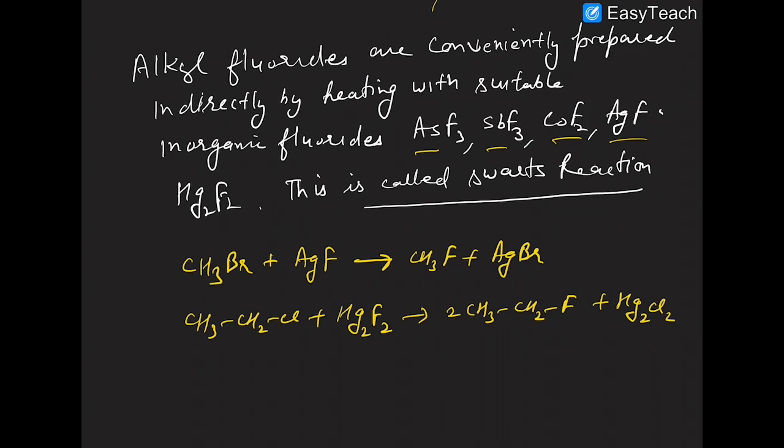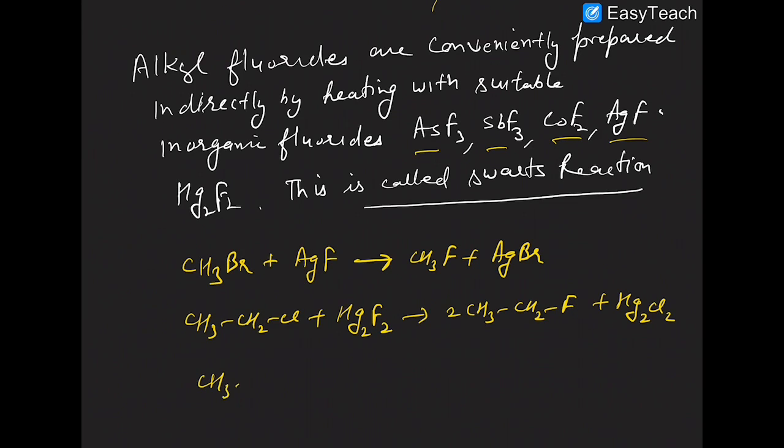But if on one carbon two or more halogens are present, like in the case of geminal dihalides, then cobalt fluoride and antimony fluoride are more suitable than the other halides.